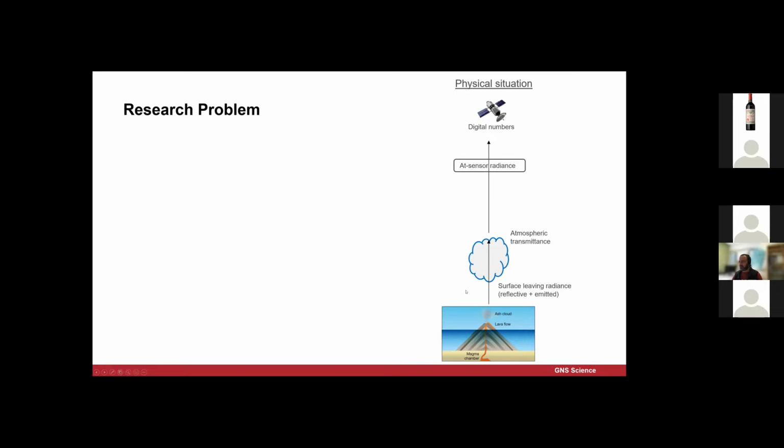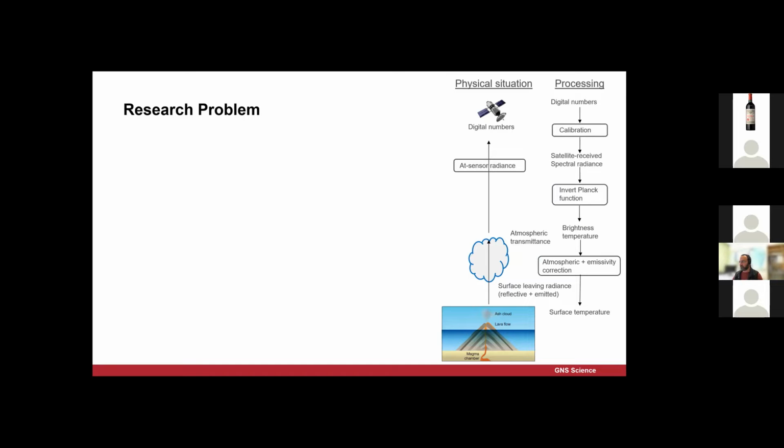The at-sensor radiance is recorded in digital numbers, but when we have to convert that back into surface temperatures, we need to take those digital numbers, take some of those already inbuilt calibration processes applied by the satellite providers, Landsat and Sentinel, and there is very little input from our end on how we can further calibrate it.